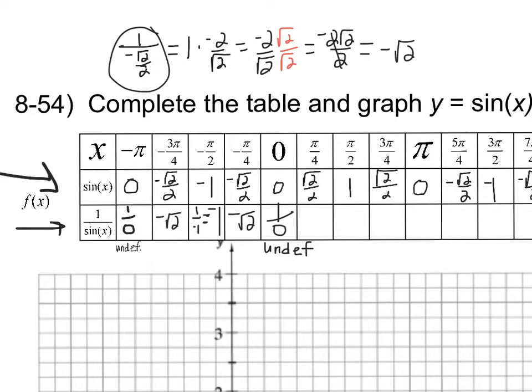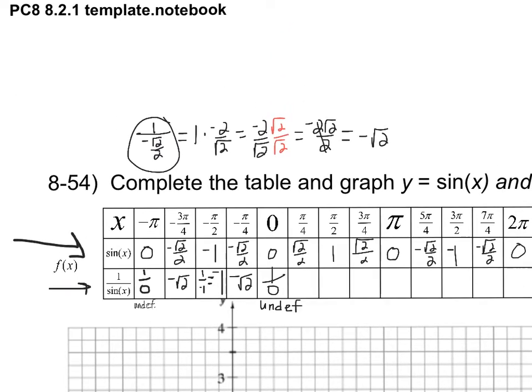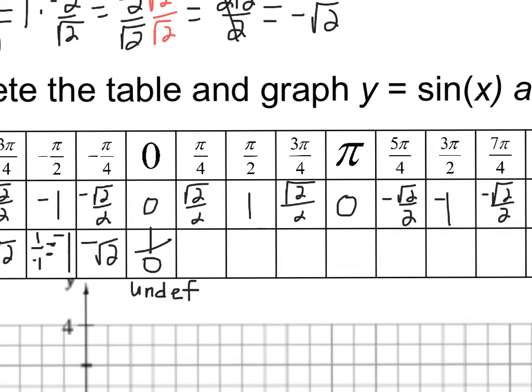And here's a positive square root 2 over 2. 1 divided by square root 2 over 2. Well, I'm going to go through the exact same steps here, but I will end up with a positive square root 2. Oh, 1 over 1 is positive 1.